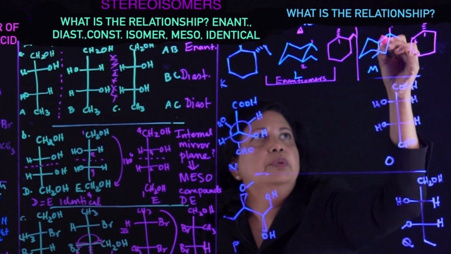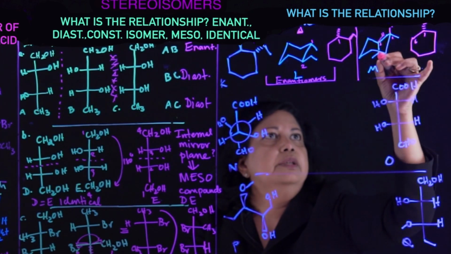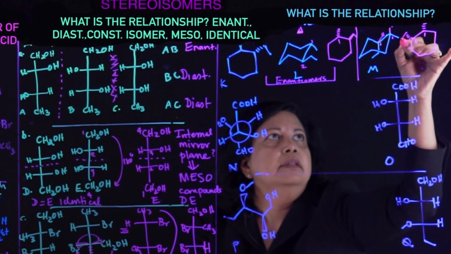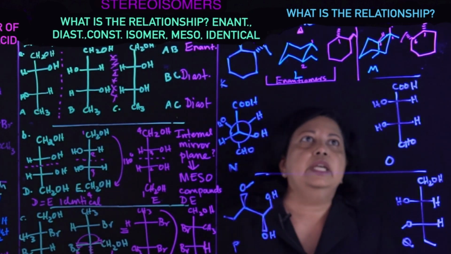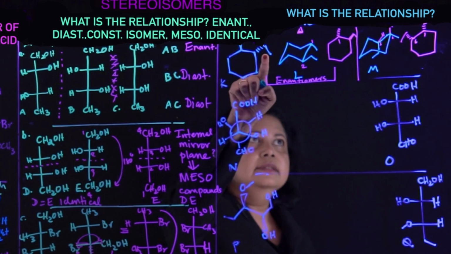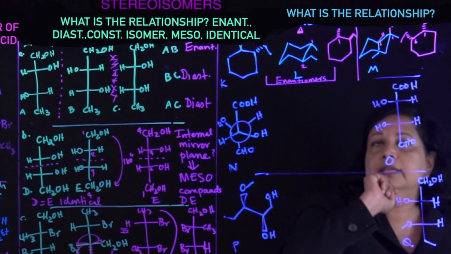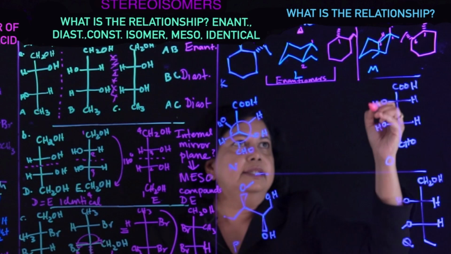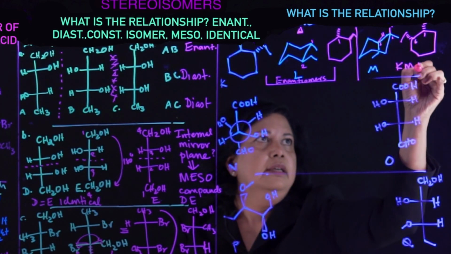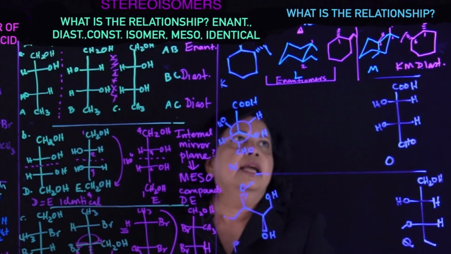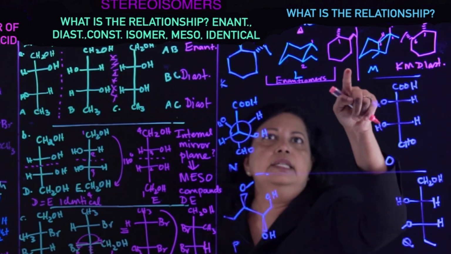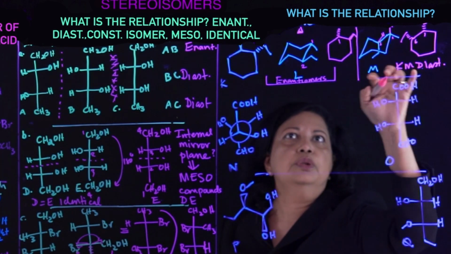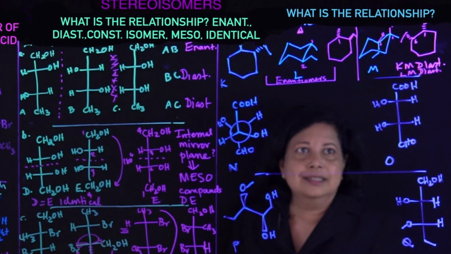And here too, you can put the hydrogens going up, and so ethyl's going down. So over here, up, down, down, down. So therefore, they are going to be diastereomers. And even these, L and M, would also be diastereomers.